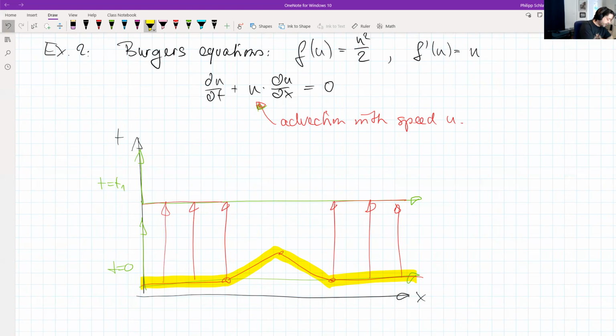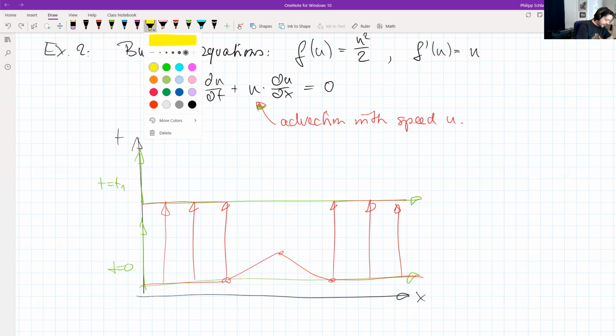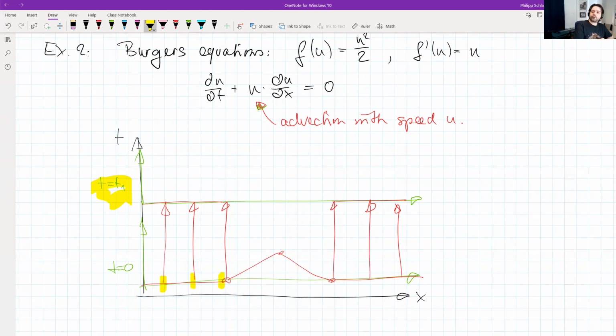And now the question is, what happens at time t1, so later on? What we have seen yesterday is that the solution that was 0 at time 0 will just propagate with a slope of 0, or actually, in this plot, it would be a slope of infinity.